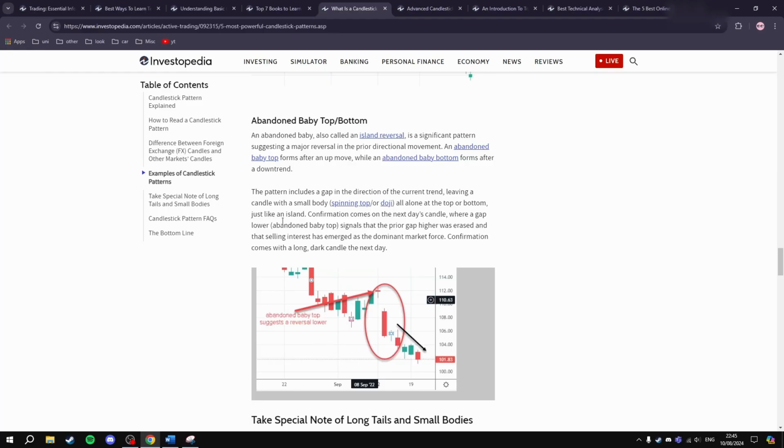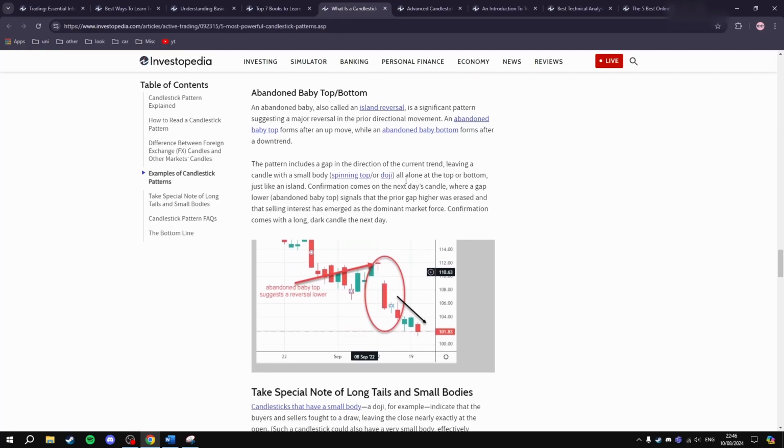Confirmation comes where a gap lower signals that the prior gap higher was erased and that selling interest has emerged as a dominant market force. Bearish.